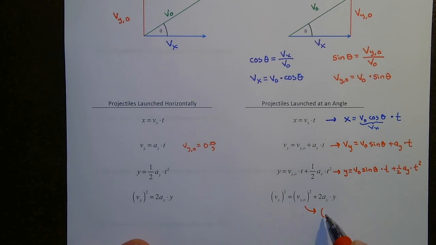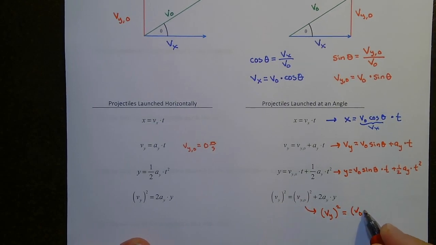V sub y, the vertical velocity at any time, squared is equal to V sub O sine of theta, squared, plus 2 times the acceleration in the y direction times y. And remember, a sub y, for all of these, is equal to g, which is negative 9.8 meters per second squared.